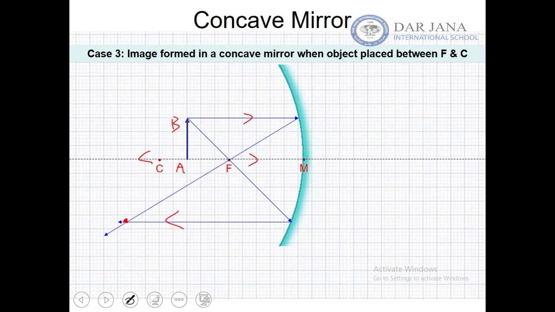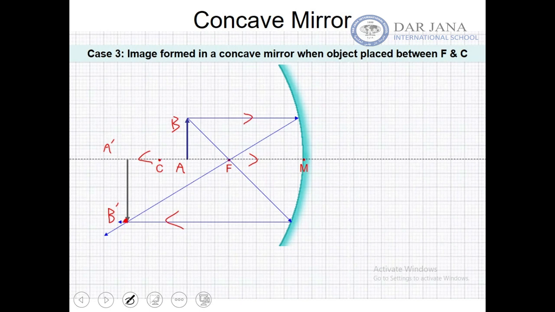So the point of intersection of the two reflected rays forms the image. This is the image A prime, B prime, where A prime is the image of A, B prime is the image of B.